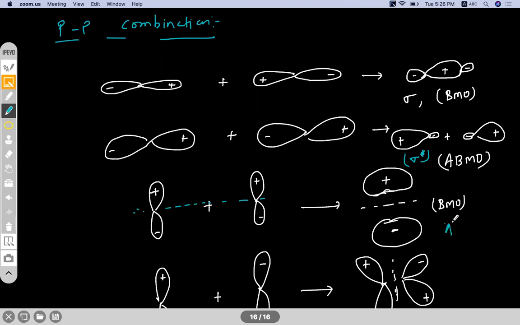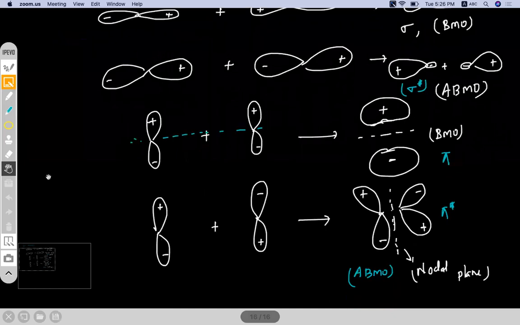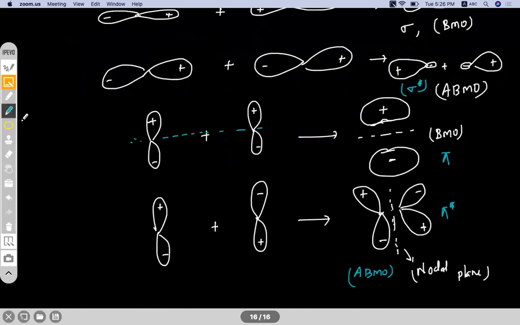So it is pi BMO, but this one is pi star anti-BMO. Done, all of you?